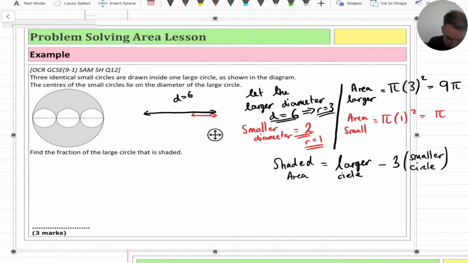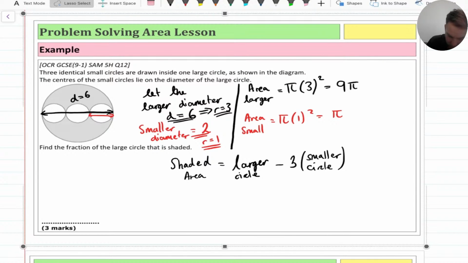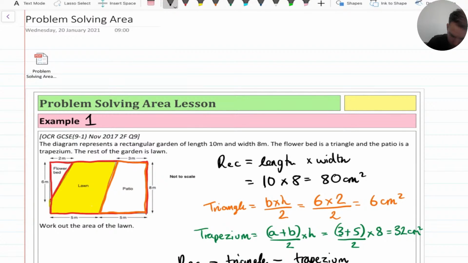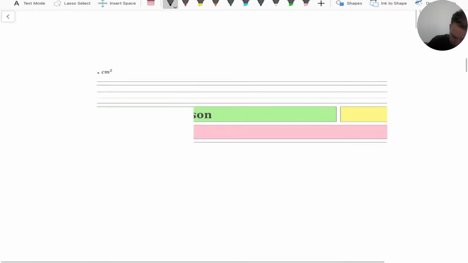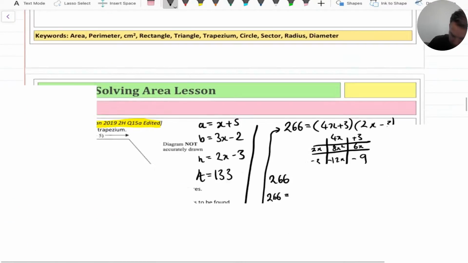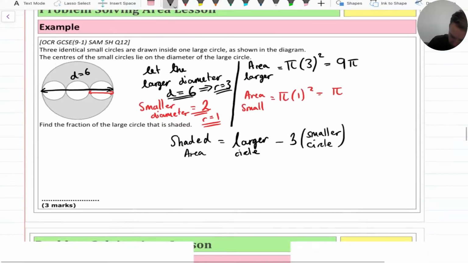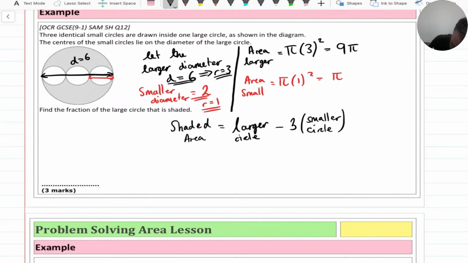What have I done there? Silly Mr. Adams. So the area of the larger circle was equal to 9 pi, take away 3 times the area of the smaller circle, which is just pi, so 3 pi. So the shaded area is equal to 6 pi.